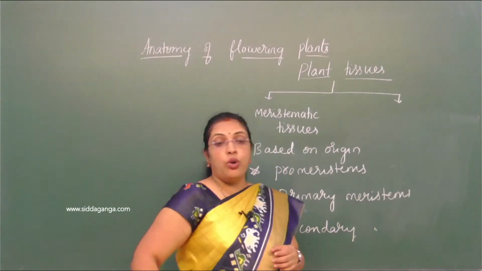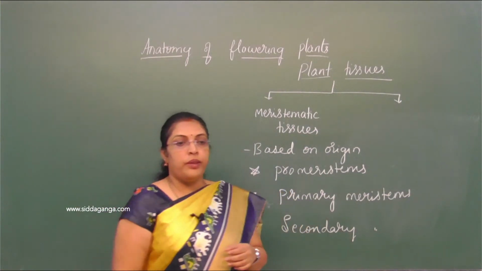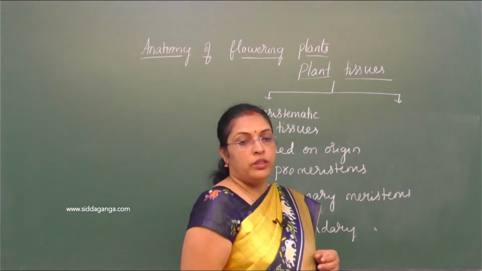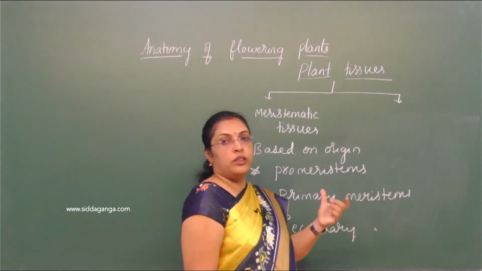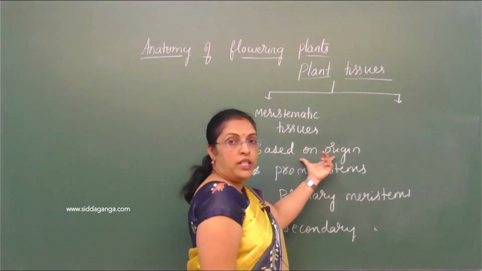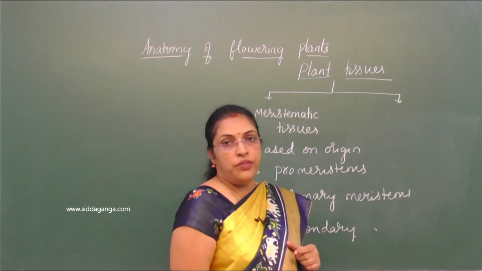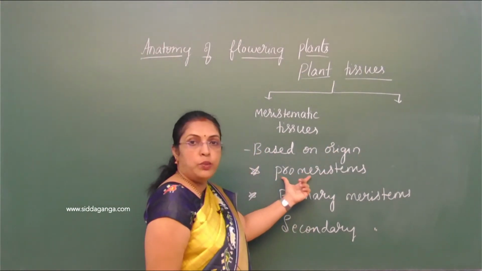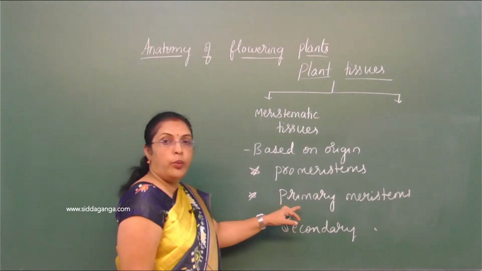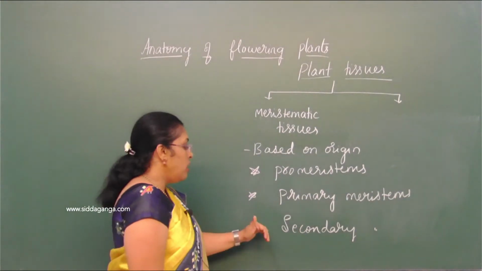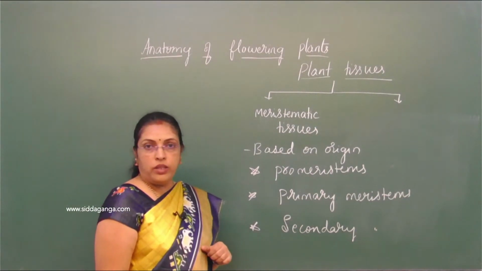So based on origin, meristematic tissues are classified into three types. One is promeristem, another one is primary meristems, another is secondary meristems.